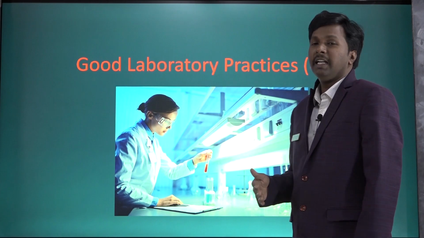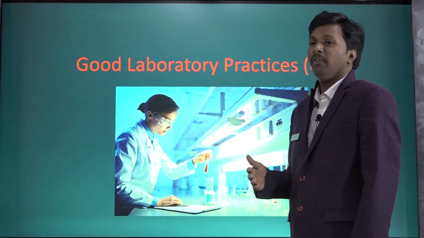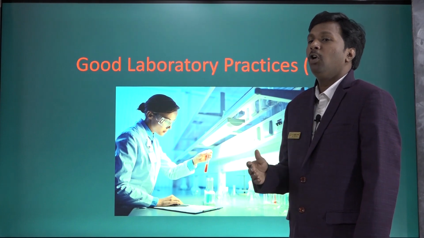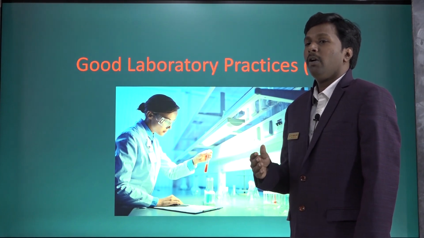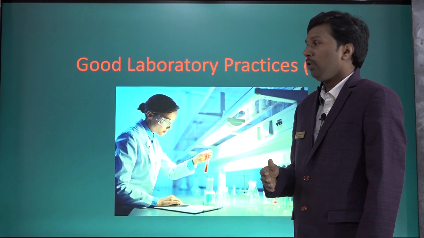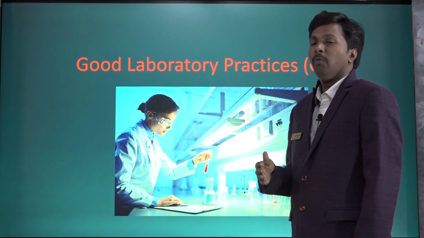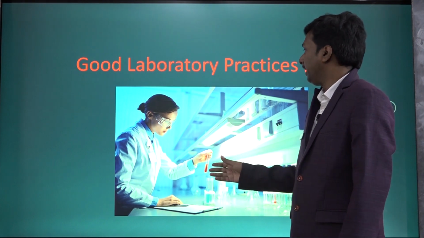As I said earlier, by the standard definition, laboratory studies are planned, performed, monitored, recorded, reported and archived. These are all steps we have to follow while performing experiments in the laboratory.